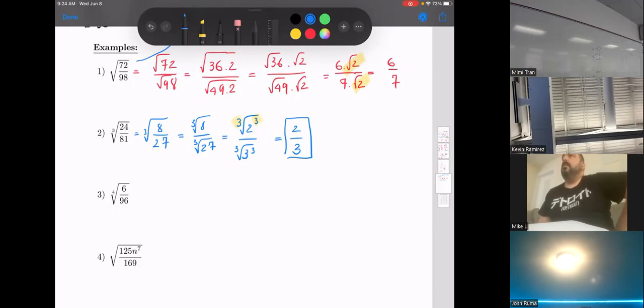So you divide by 4. Just have it very, very simplified. Yeah, you have to simplify.